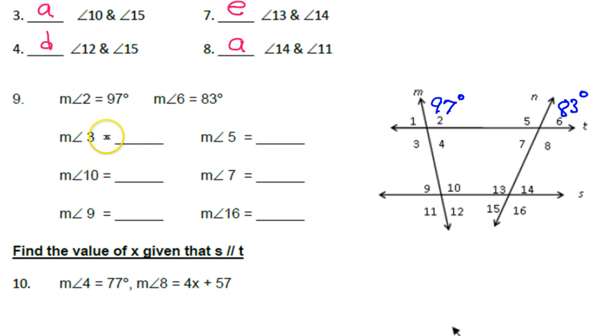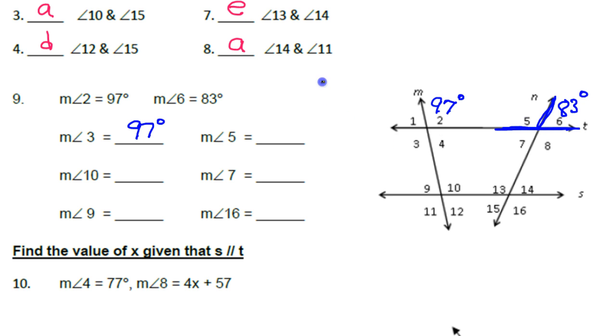Alright, let's see what we can find out. Do I know what angle 3 is? Yes. These are vertical angles, so the measure of angle 3 will be 97 degrees. What about angle 5? Well, angle 5 and angle 6 are a linear pair, so these are supplementary.